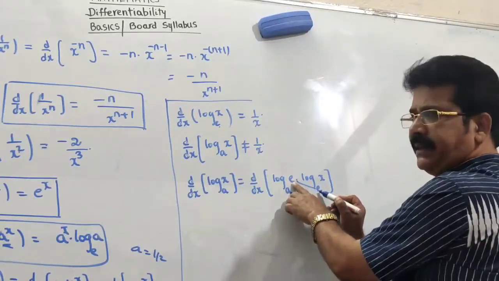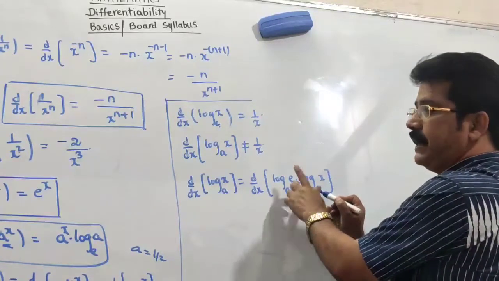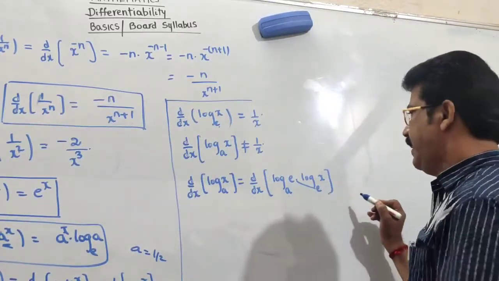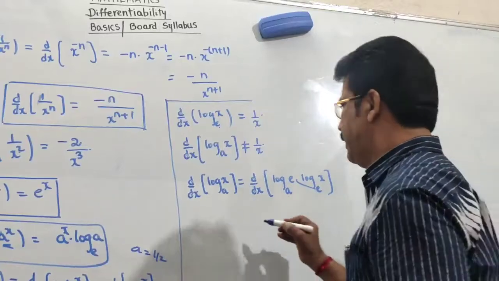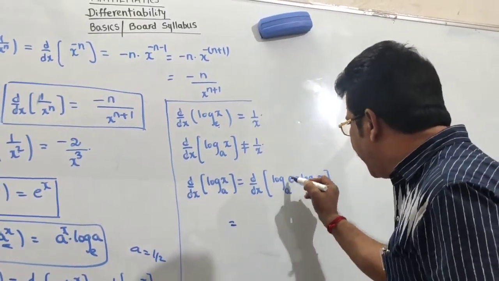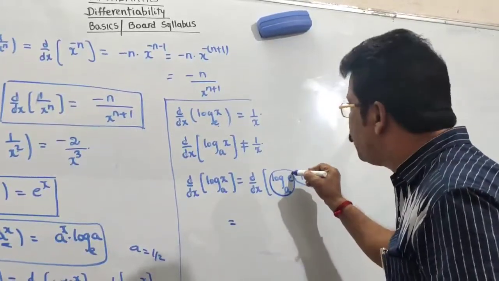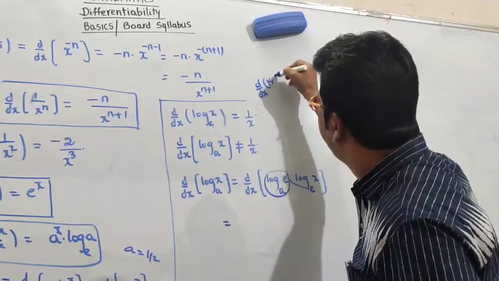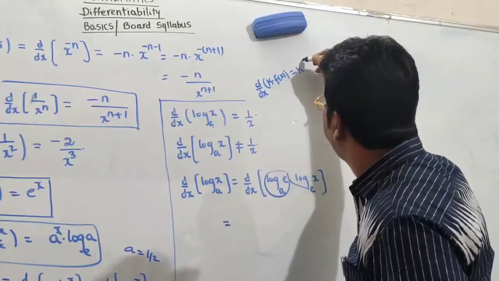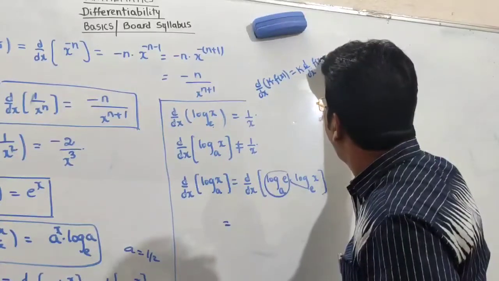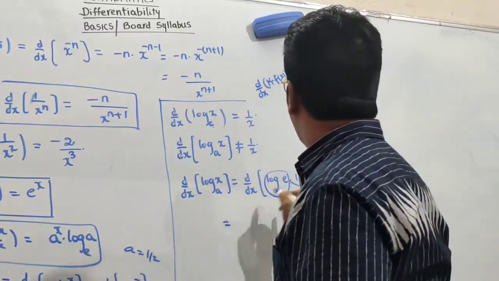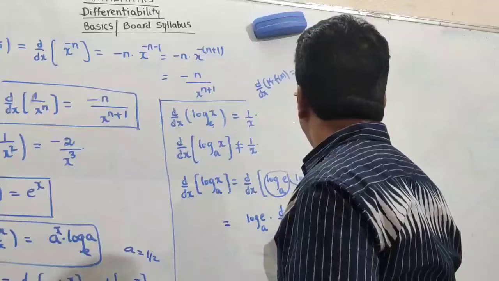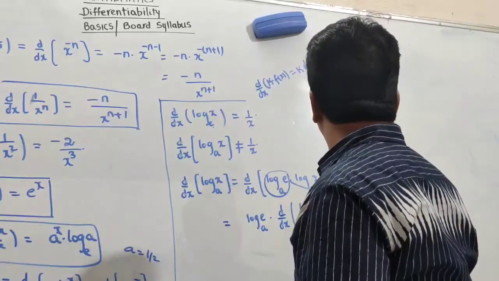Actually instead of e you can write any number, but we already know that log x to the base e has derivative 1 by x. That's why I wish to express this in terms of e only. So log e base a is a pure constant. Already I said one formula, d by dx of k into f of x is equal to k into d by dx of f of x. So according to that formula, k here is log e base a, into d by dx of log x base e.